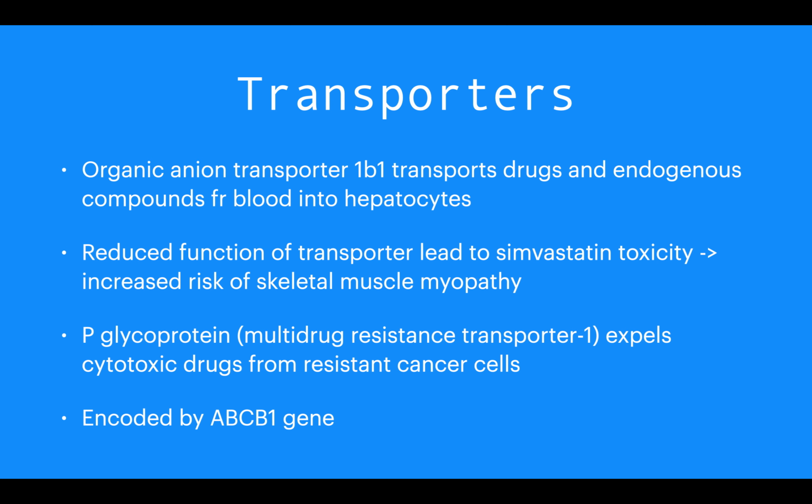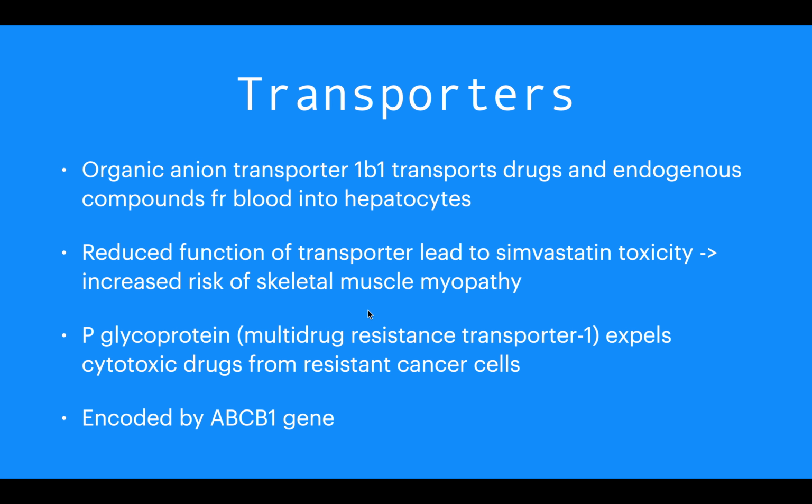Transporters can be an organic anion transporter 1B1 that transports drugs and endogenous compounds from the blood into the hepatocytes. A reduced function of this transporter will lead to simvastatin toxicity and increased risk of skeletal muscle myopathy.